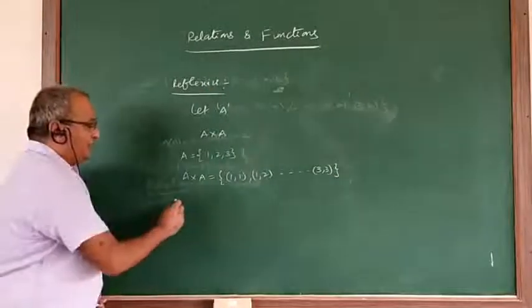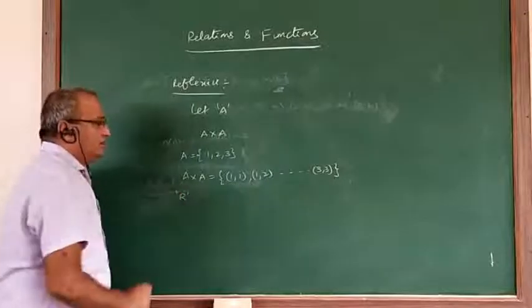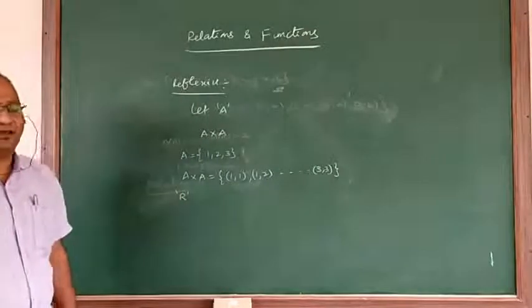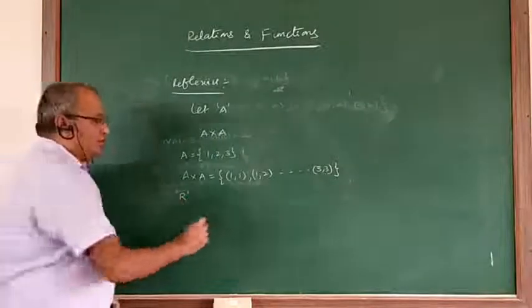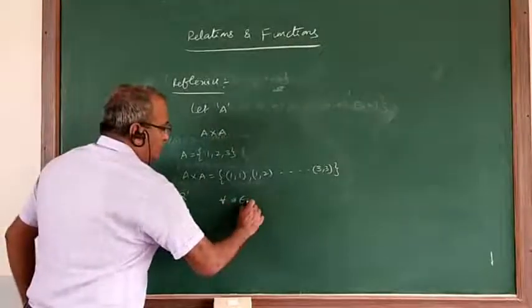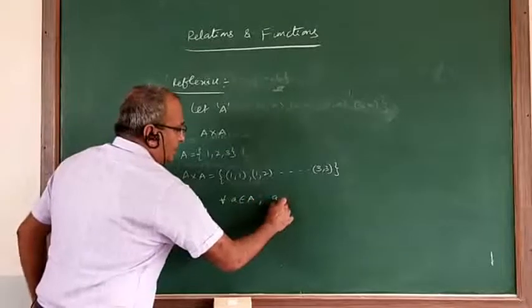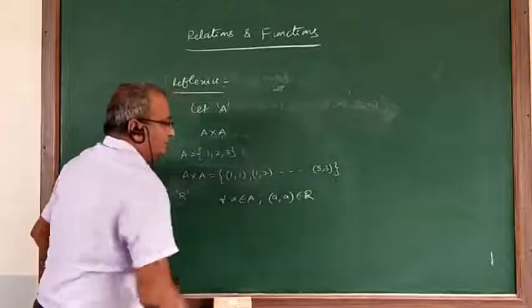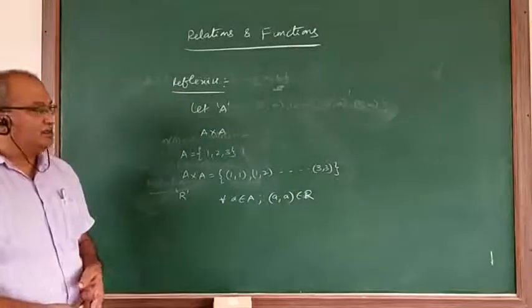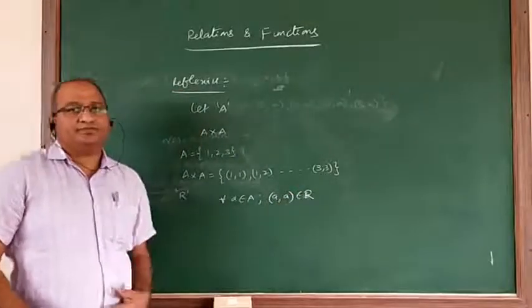Now if we define a relation R on set A, this relation R is said to be reflexive for all a belongs to A, (a, a) also belongs to R. Then the relation R is said to be reflexive.